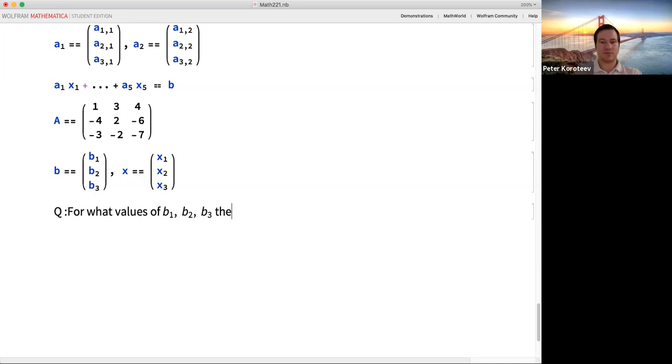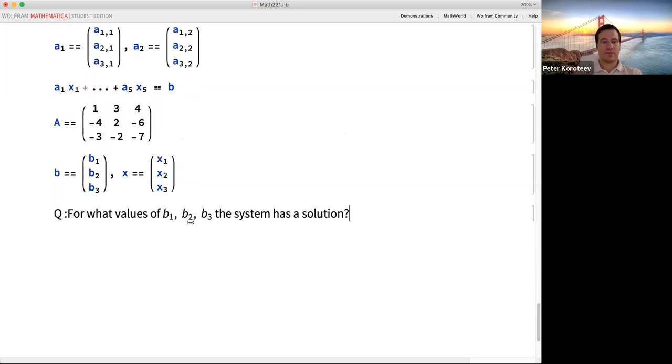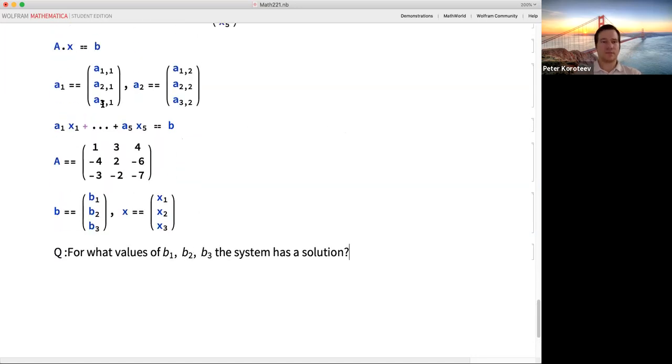The system has a solution. So in other words, we'll try to solve this system of linear equations at all possible values of b1, b2, and b3, and we'll identify the subspace of parameters b1, b2, and b3 where it's possible to do.